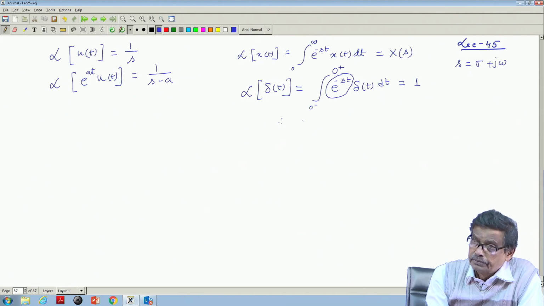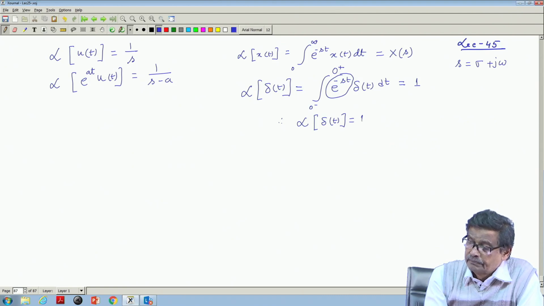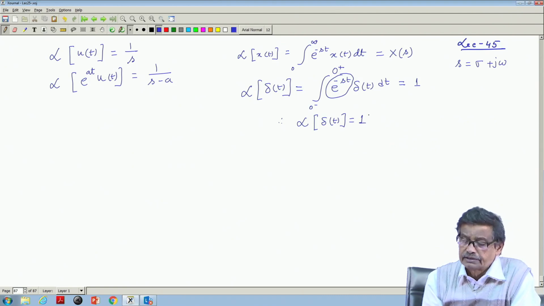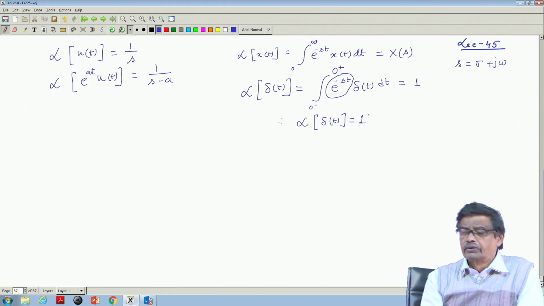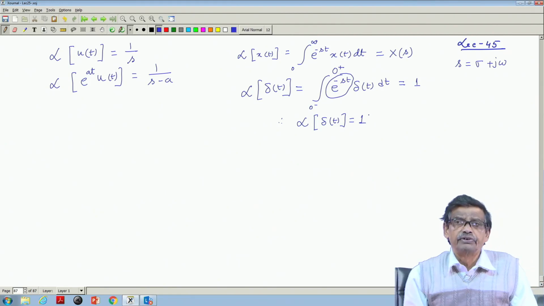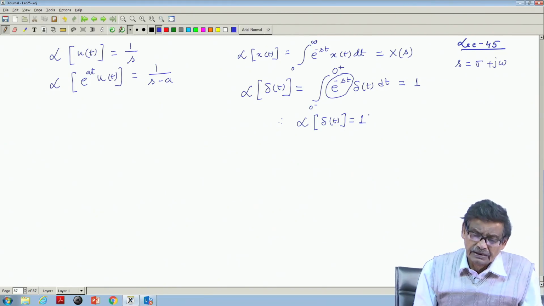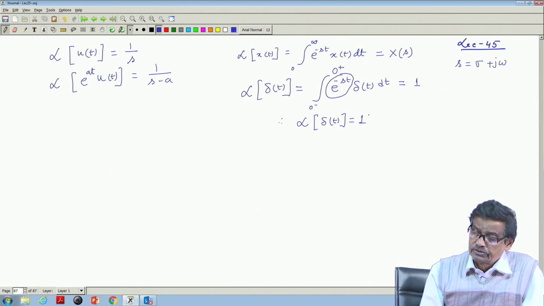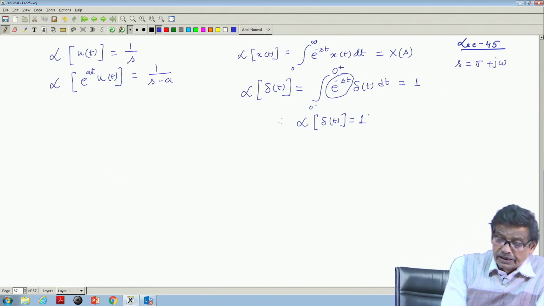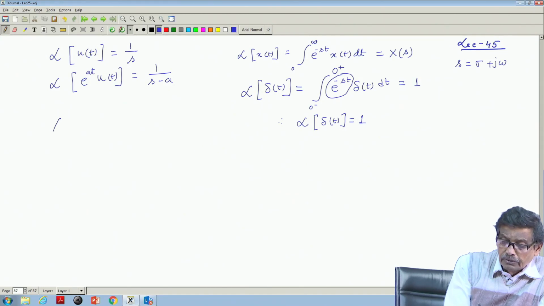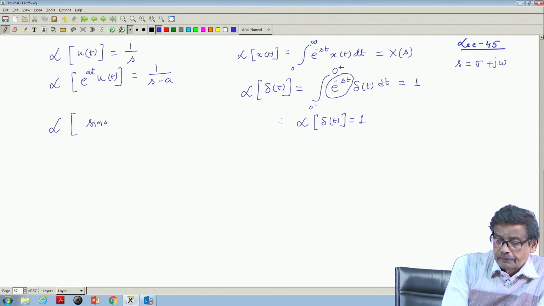Therefore, mind you, the Laplace transform of delta(t) is equal to 1. This is another useful result. Apart from that, we have found the Laplace transform of the differential of a function, the integral of a function, and so on. Now, today we would like to know the Laplace transform of sin omega t.